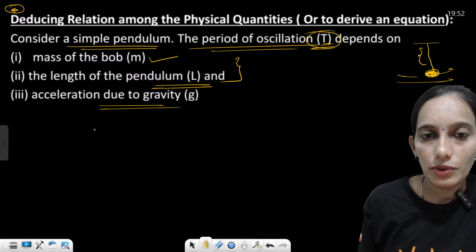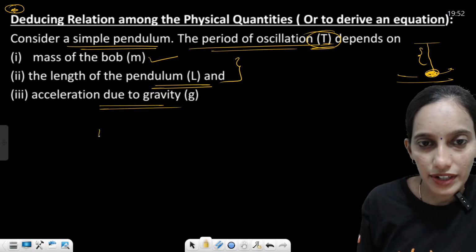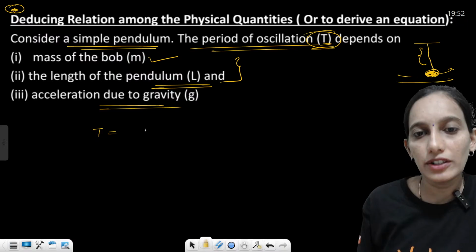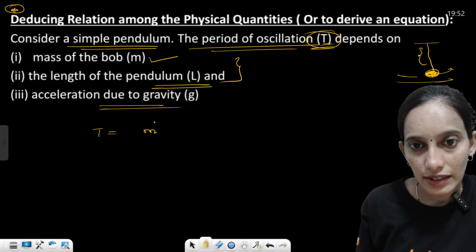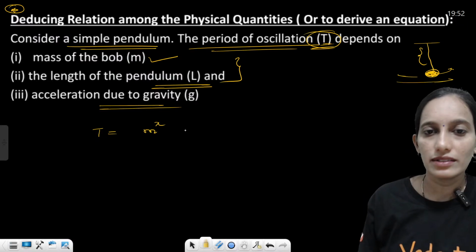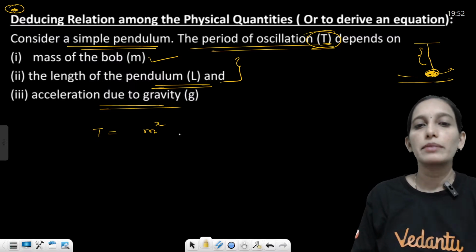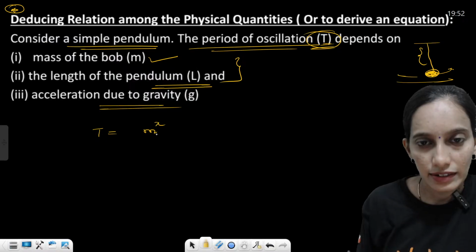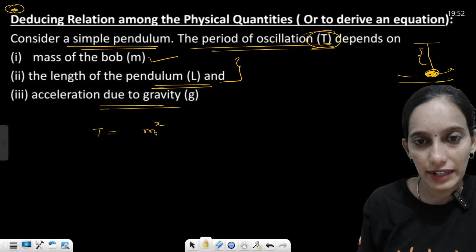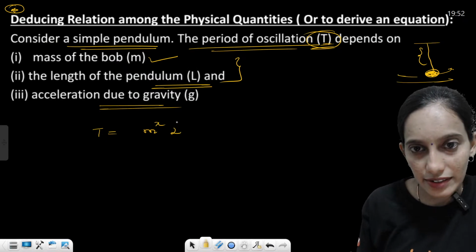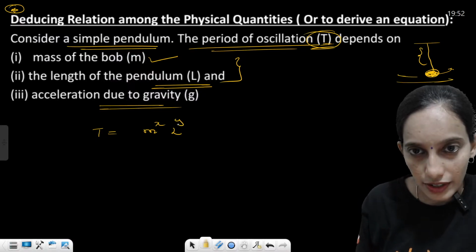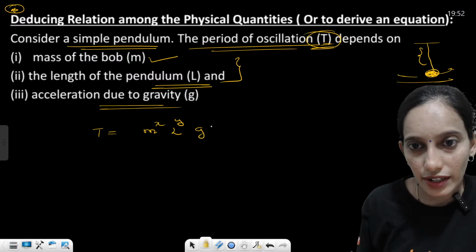So now what we do is we say this time period is going to depend on mass raised to power some x. That is how we do it in terms of dimensions. We assume it depends on powers of some quantities: mass raised to x, then length raised to y, and then g raised to z.